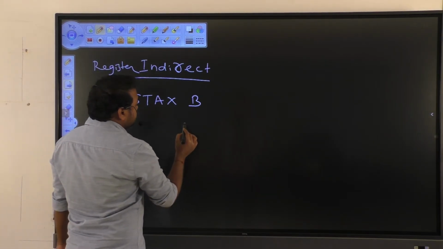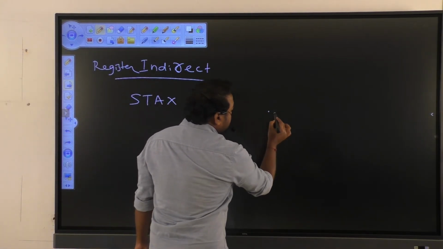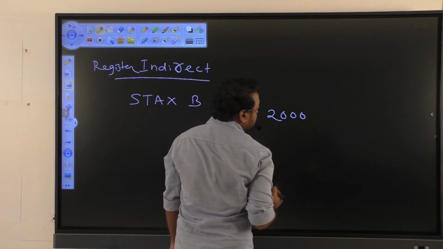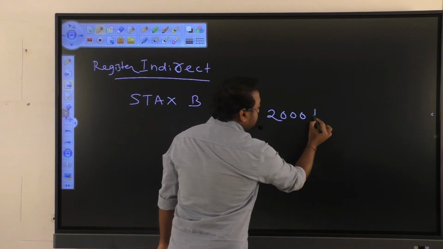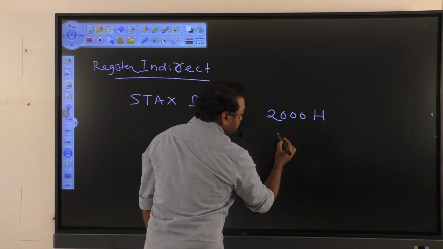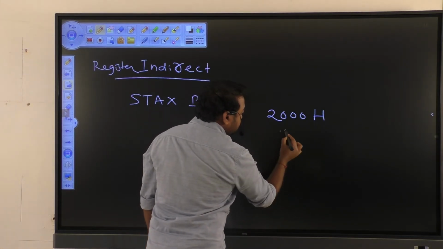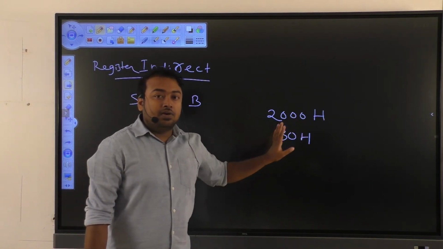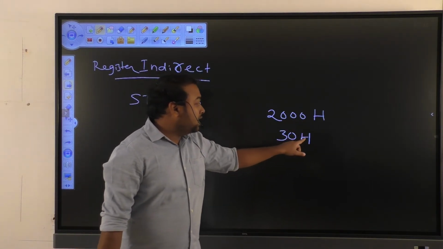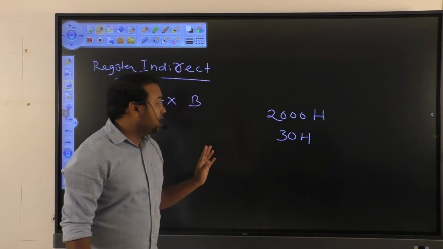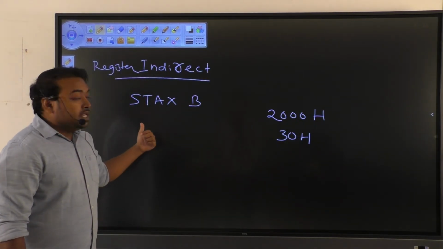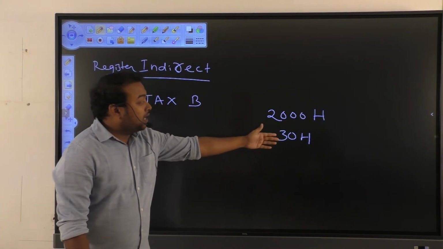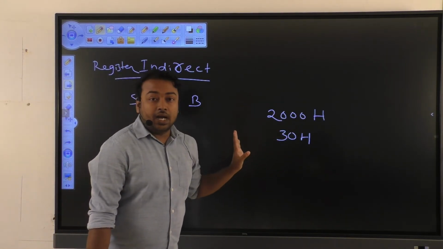Let us take an address 2000H, and the data present in 2000H. Let us take 30H as the data, and it is present in 2000H. But here in the instruction, neither the data nor the address is present.